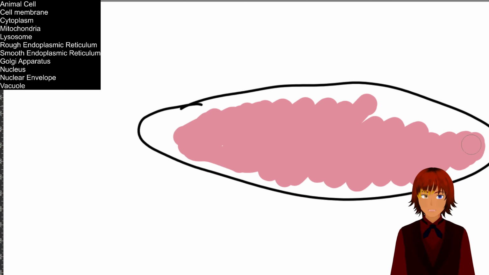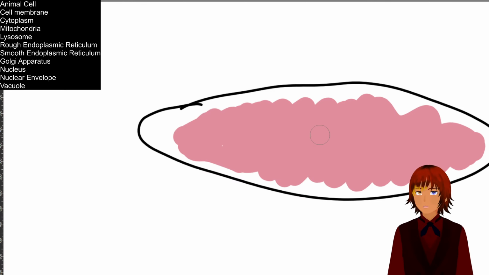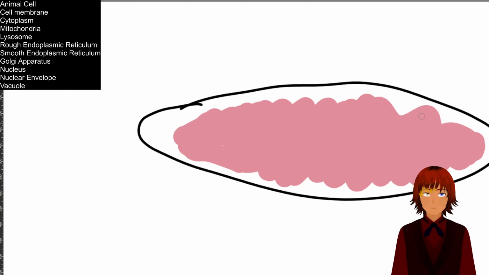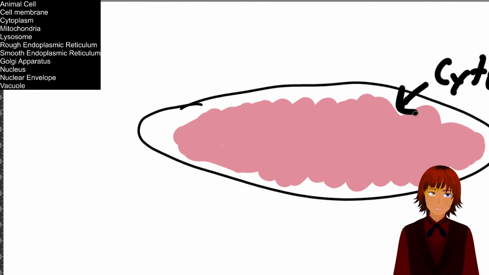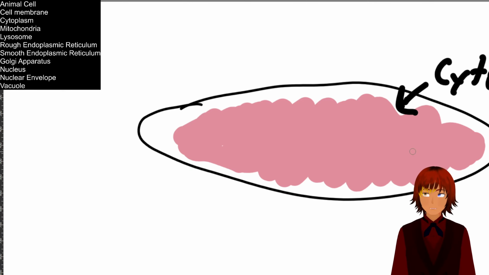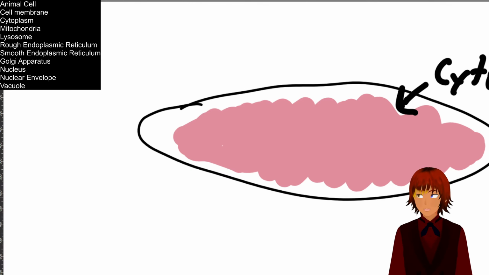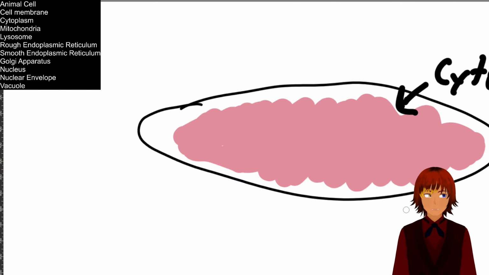This is important because it'll suspend all of your organelles inside, so they'll be floating. Additionally, because it's nutrient rich, it allows different organelles to use those nutrients to power metabolism and undergo different biochemical reactions.